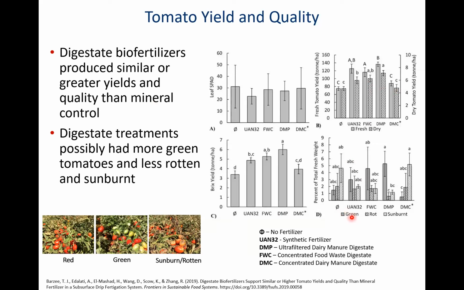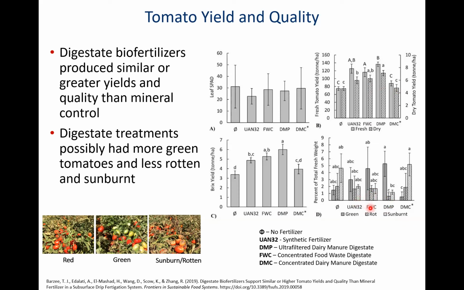If you look at this one, this is important, the green tomato, and here is rotten, this is rotten tomato, and here this is sunburn. If you look at this one, you may find some interesting results with digestate.